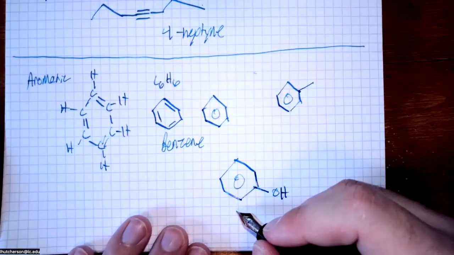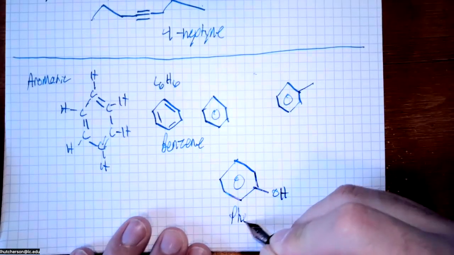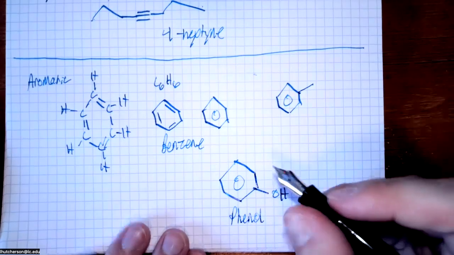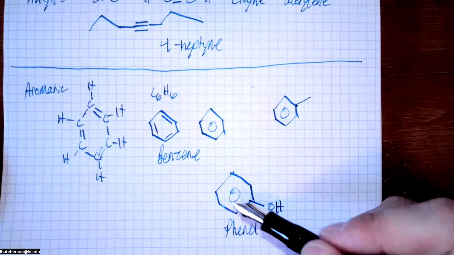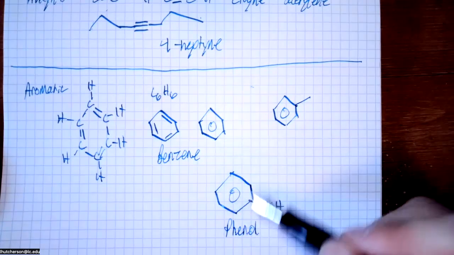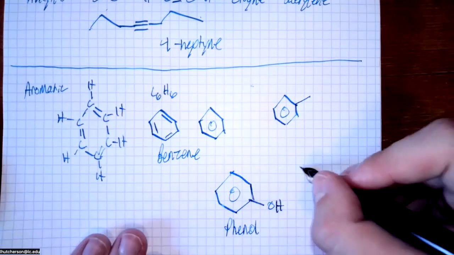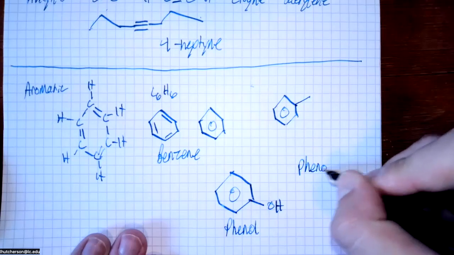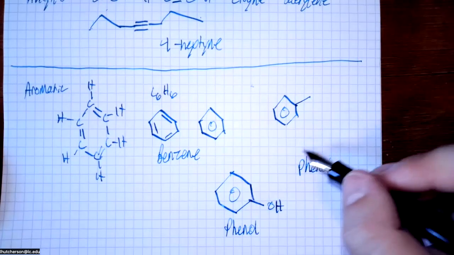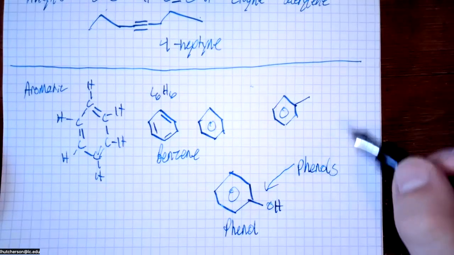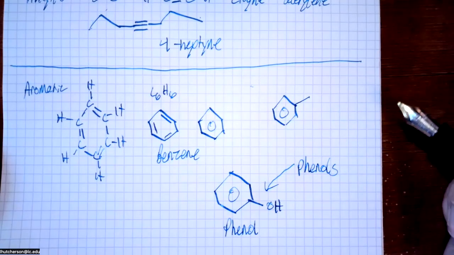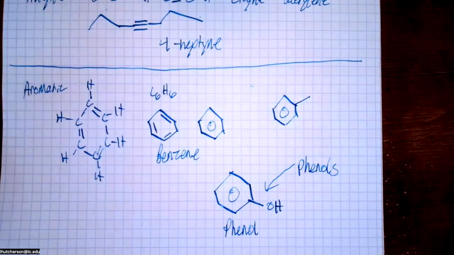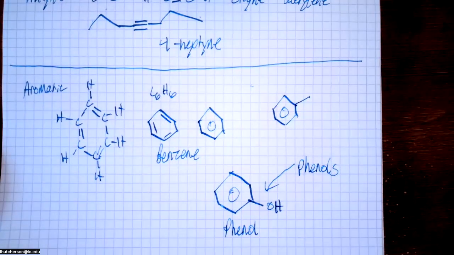This specific compound is called phenol. But more generally, benzene rings with an OH on them, even if there's other stuff attached to them, are called phenols. We will do a lab where we talk about phenols the next time we meet for lab. But anyway, that takes care of section 4.3.